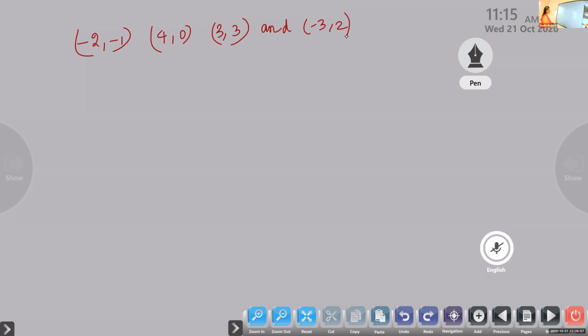Without using distance formula, show that these are the vertices of a parallelogram.